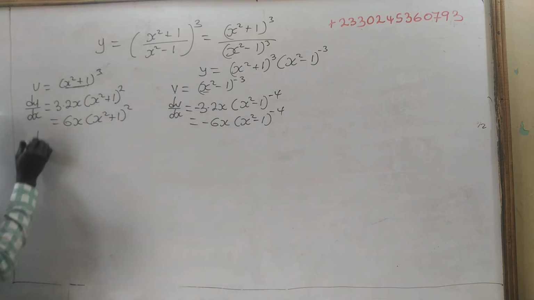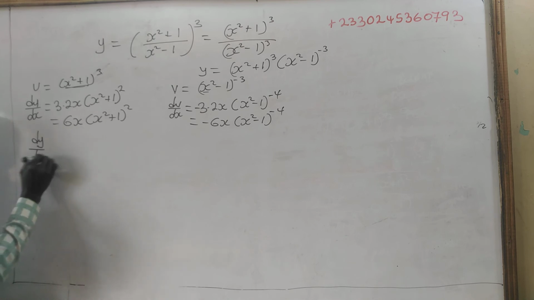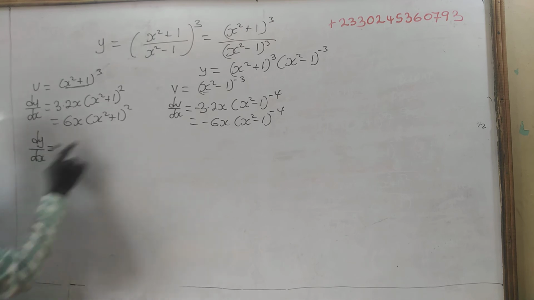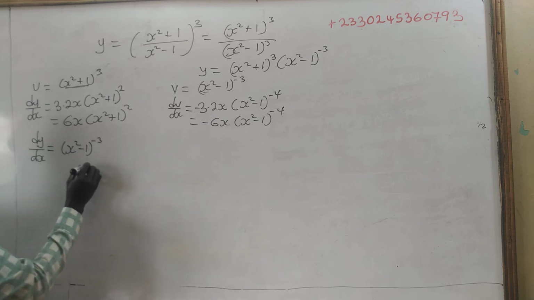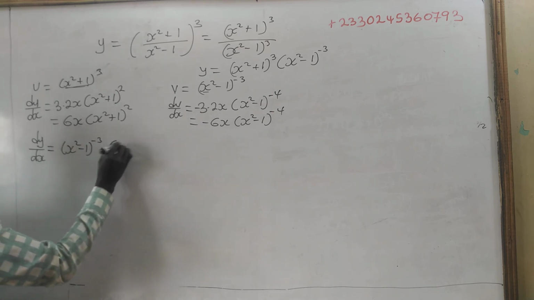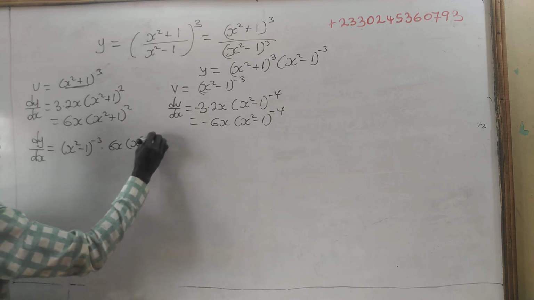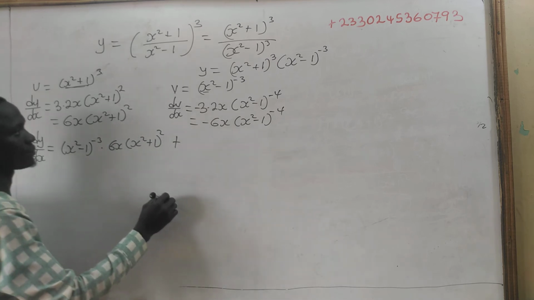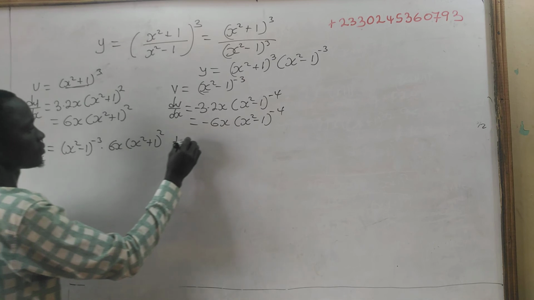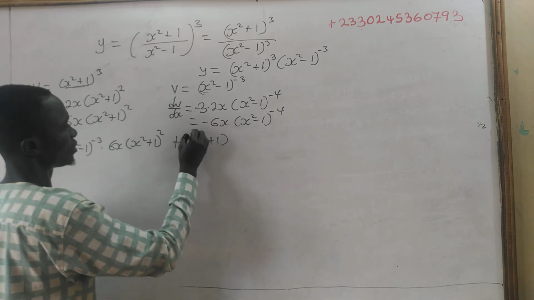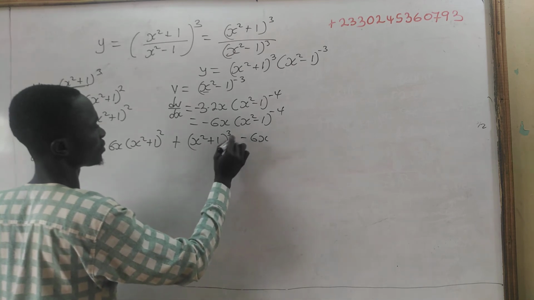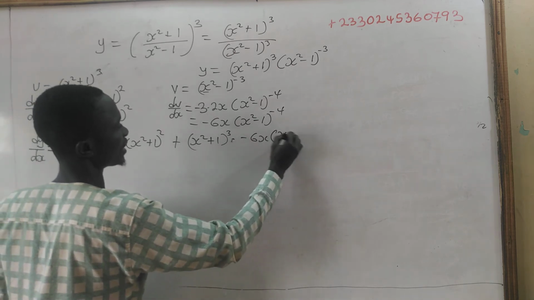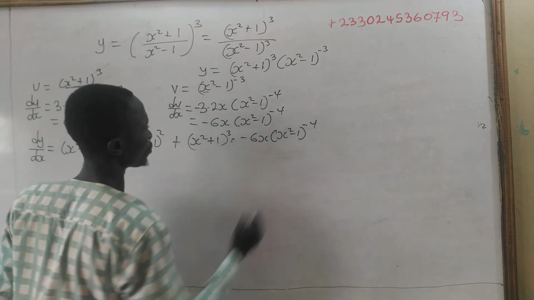Now we take the derivative of y with respect to x to be v times du/dx plus u times dv/dx. This is our v: x squared minus 1 to the power negative 3 times 6x times x squared plus 1 to the power 2, plus u: x squared plus 1 to the power positive 3 times minus 6x times x squared minus 1 to the power minus 4.